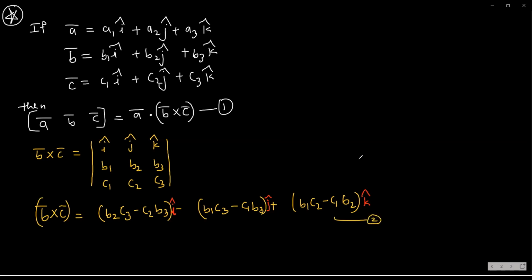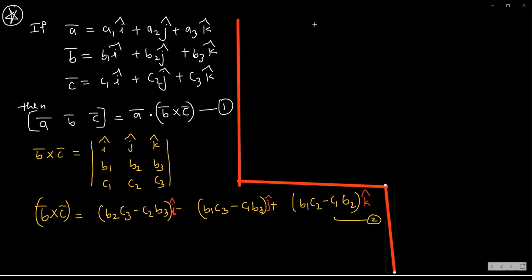Now it is time I calculated a bar dot b bar cross c bar. I got b bar cross c bar, now I go for a bar dot with b bar cross c bar.